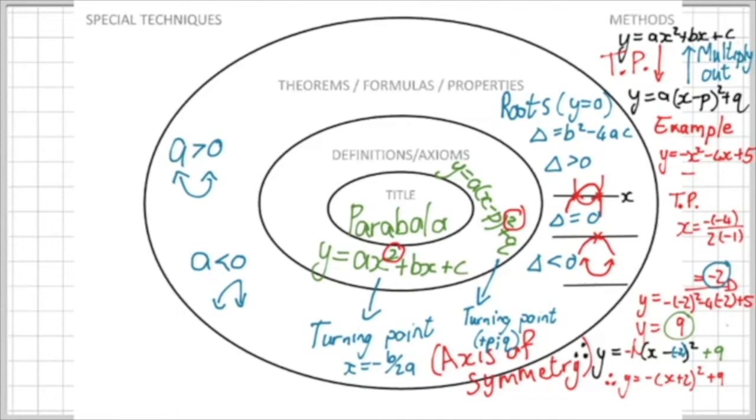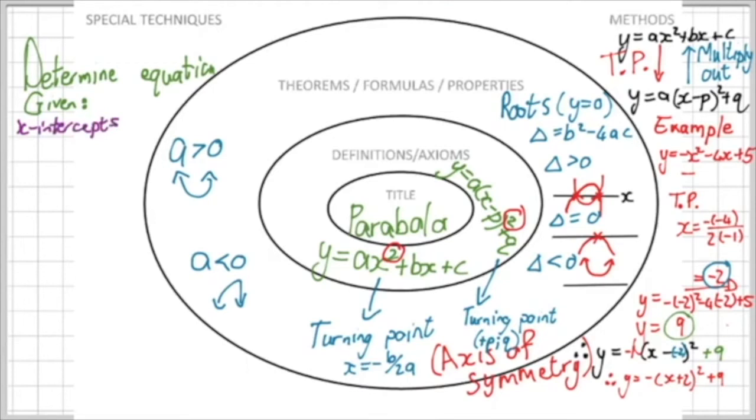Now, a special technique that we've got to remember is that one of the important things in parabolas is that you have to be able to determine the equation of the parabola. Now, the equation of the parabola depends on what has been given to you. Usually, I'm either going to be given the x-intercepts.